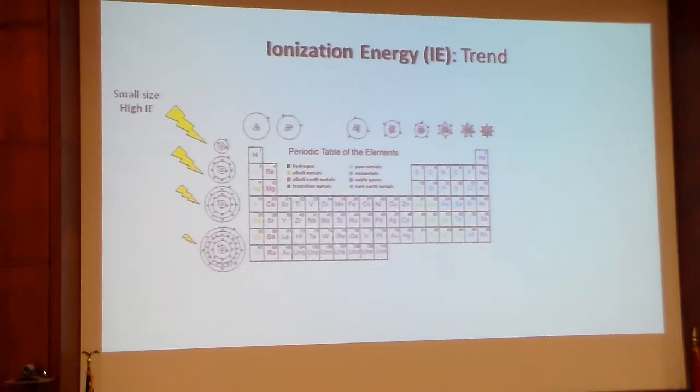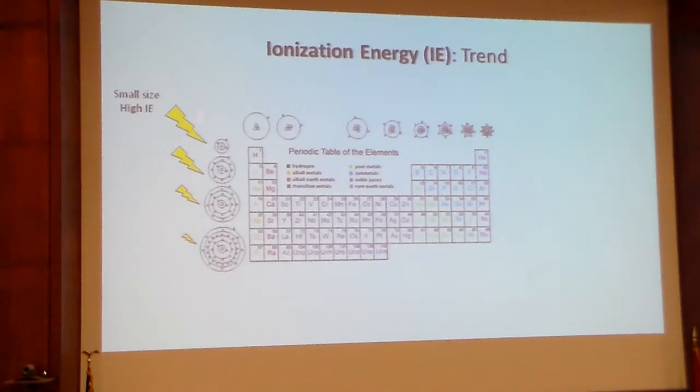But in lithium, the outer shell electron is very close to the nucleus. There's strong interaction, so we need more energy to remove that electron. So for the periodic table, to find the highest IE, we go to the top, because of the size.